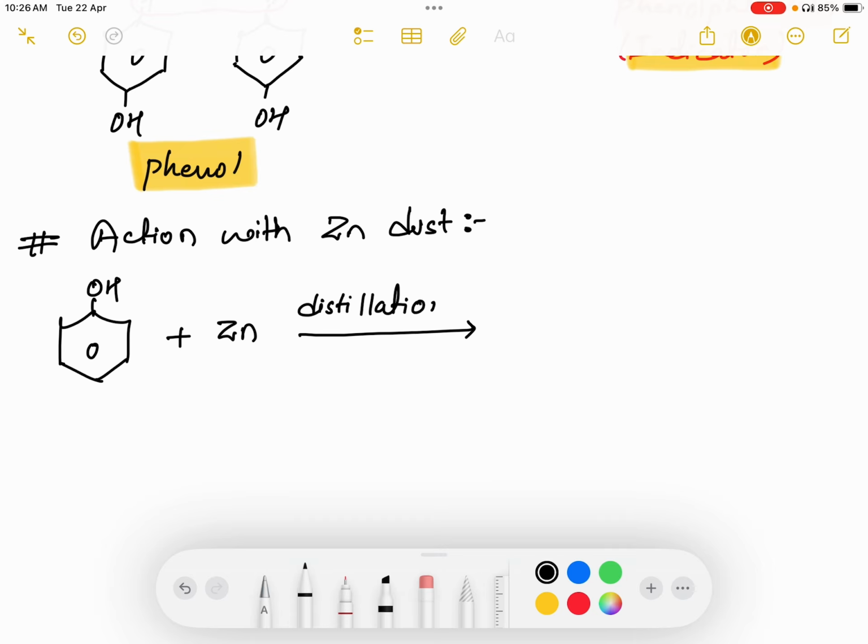It will undergo distillation and heat. So what will happen is the bond will break right from this point and it will simply make benzene. Other than that, there will be the liberation of ZnO. Zinc is the only metal with which, if you treat phenol, it will convert into benzene.